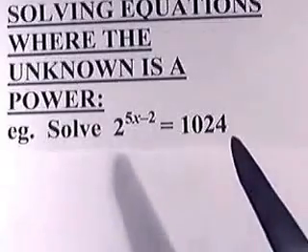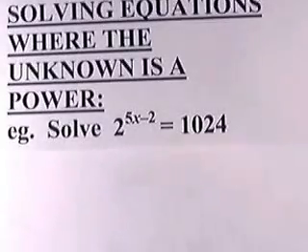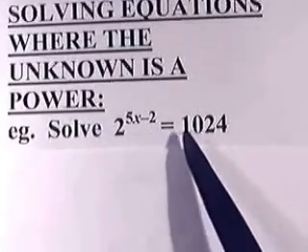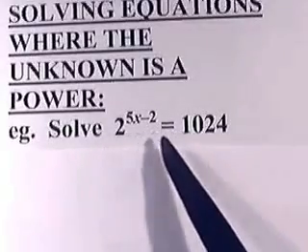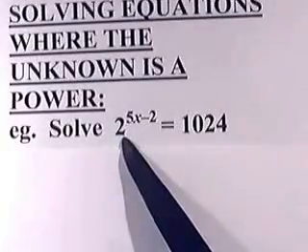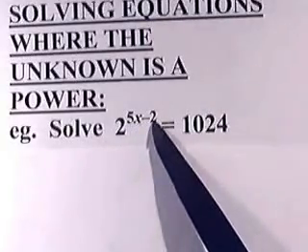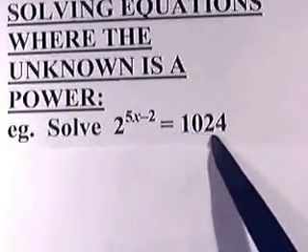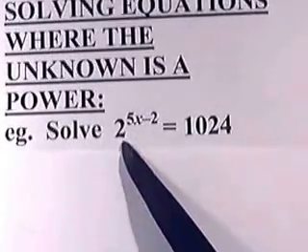Right, in questions like this, the only way you can break into them is to realize that this base number 2 is being raised to a power, and you must get over here somehow the same base number.